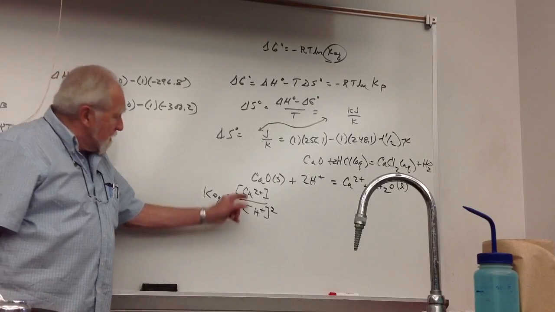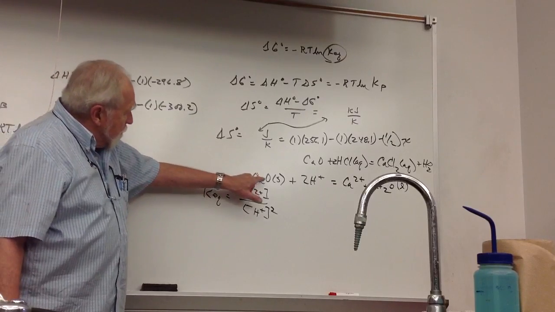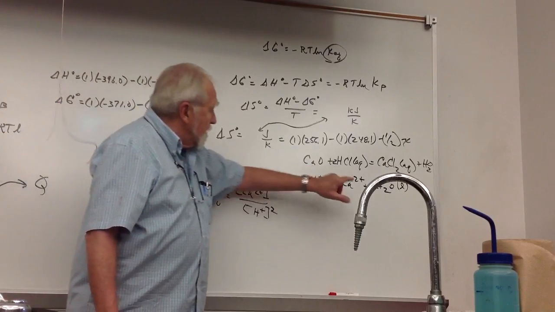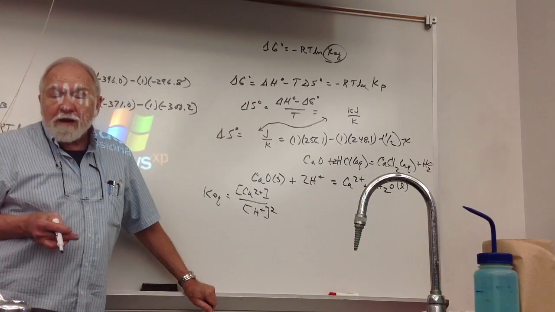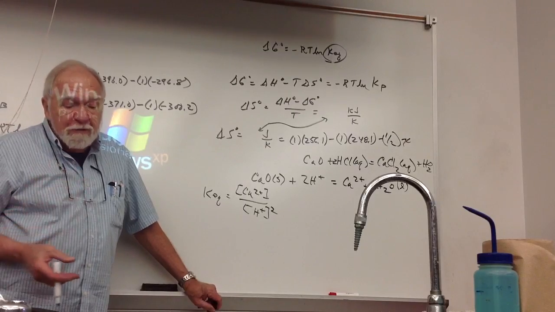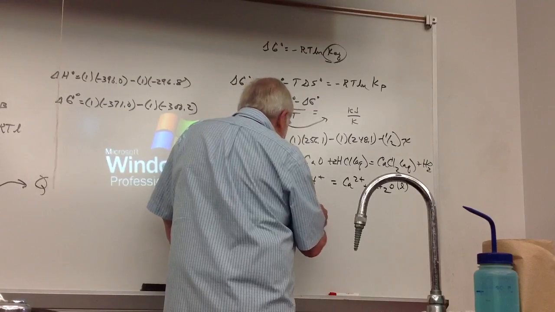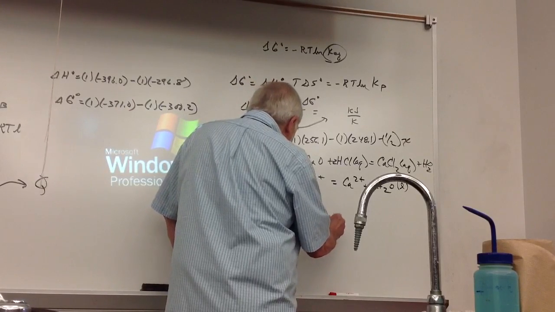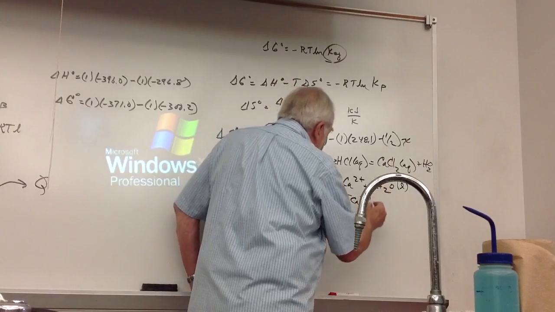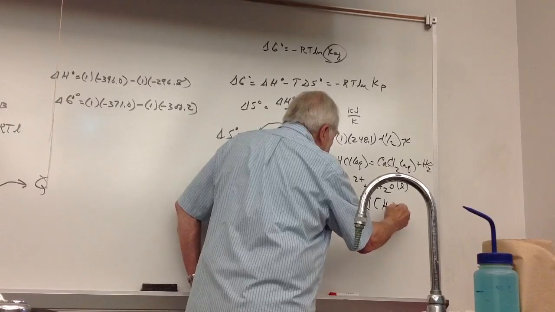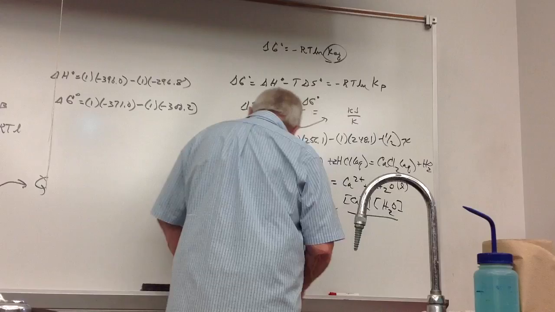Okay? But this is not the same as the thermodynamic equilibrium expression, because you had to use delta G for this, delta G for this, delta G for this, and delta G for this. So the thermodynamic equilibrium expression would have all four of those in.